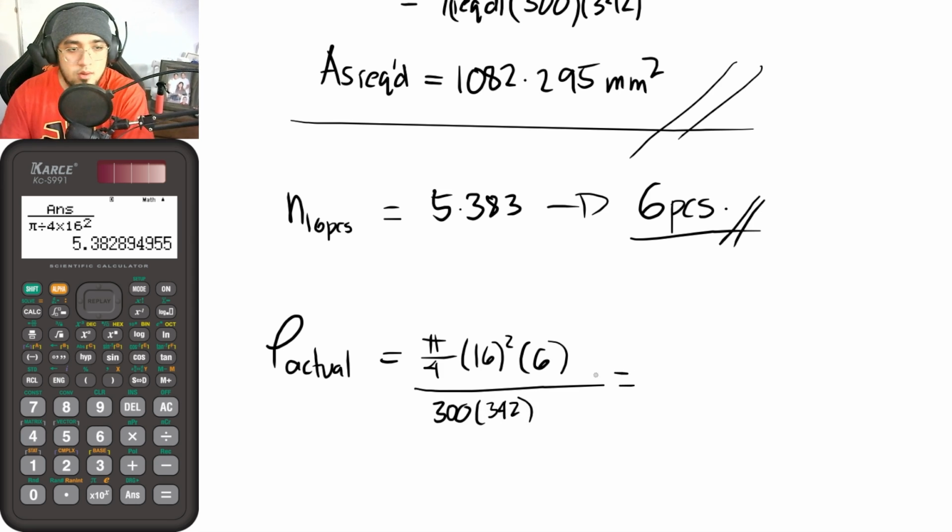So looking at the calculator to your left, that is pi over 4 times 16 squared times 6 divided by 300 by 342. So our rho actual is 0.0118.